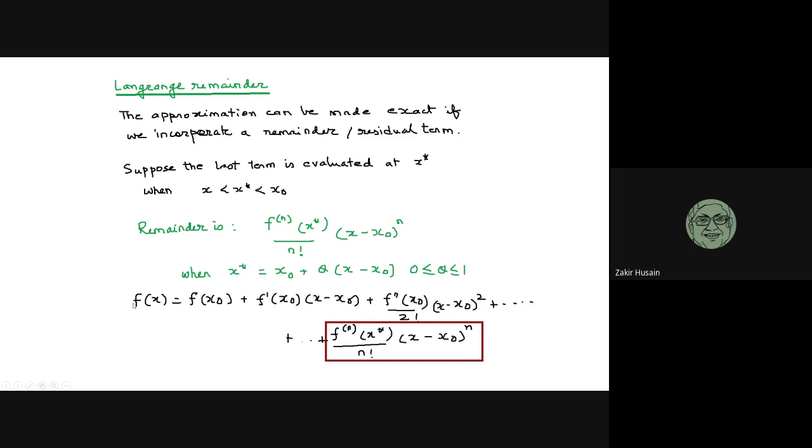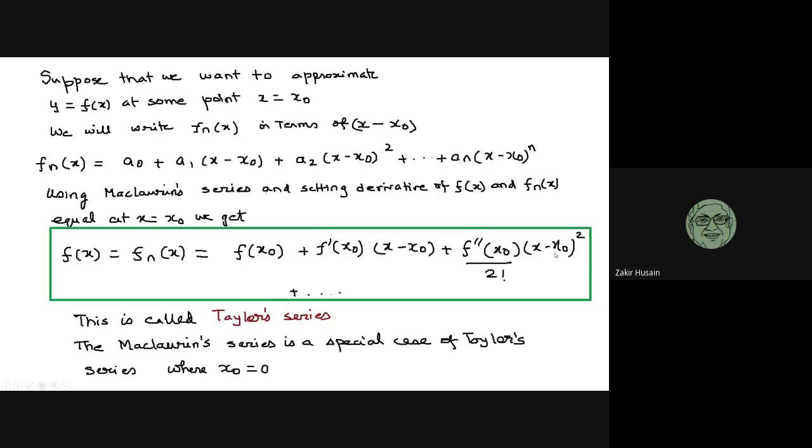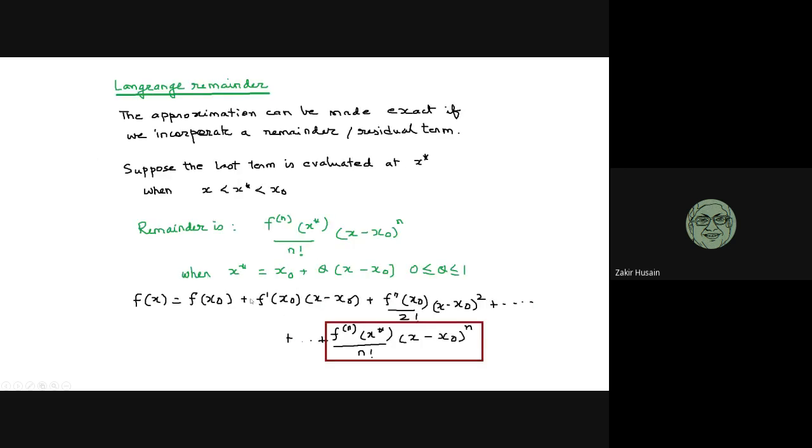So I'm just writing this out again. f(x0), f prime (x0) (x minus x0), f double prime (x0) by factorial 2 (x minus x0) whole square, and so on. In the earlier slide, this just went on, but now I'm adding a remainder term, this Lagrangian remainder, f^n, replacing this over here to make the approximation more accurate.